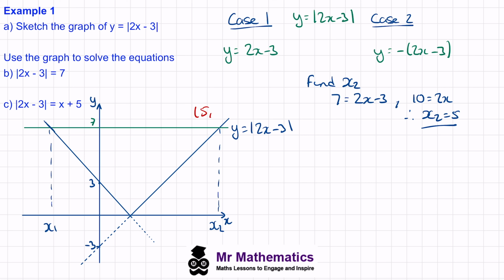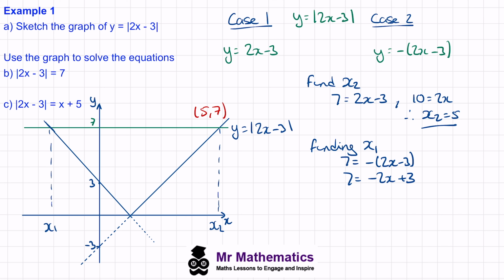Okay? So we'll say 5 and 7. If we look at case 2, we know negative 2x minus 3 is here, so this will give us x1. So in this case 7 will equal negative 2x minus 3, so 7 will equal minus 2x plus 3.